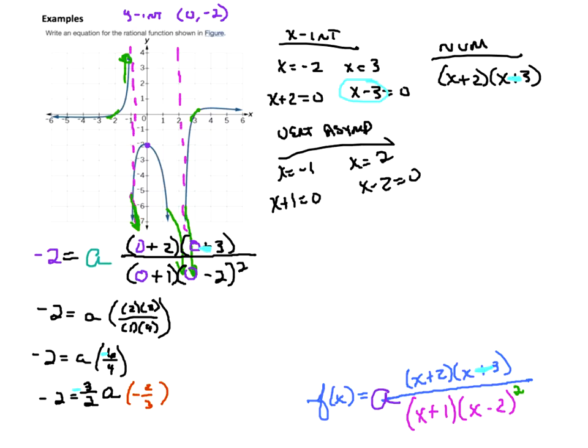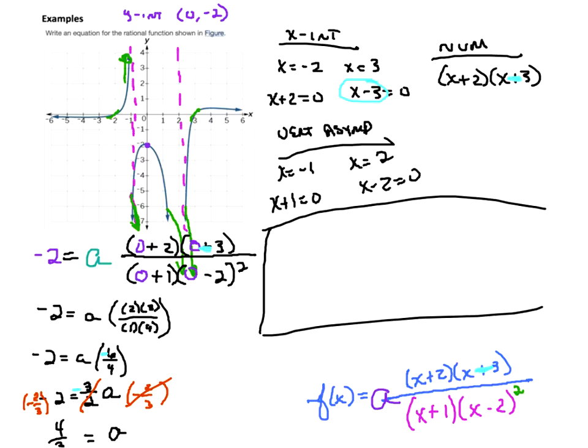Okay, and so to get that negative 3/2 off of there, I multiply by the reciprocal on both sides, negative 2/3. Okay, so those divide out, and I have a is equal to, so my stretch factor is equal to negative times a negative is a positive, and 2/3 times 2 is 4/3.